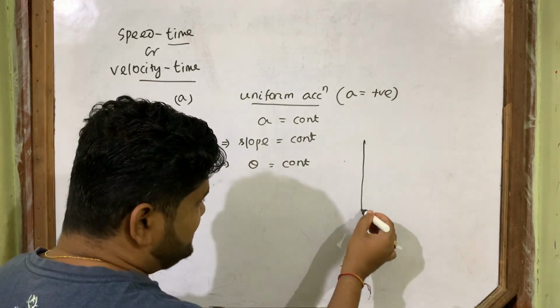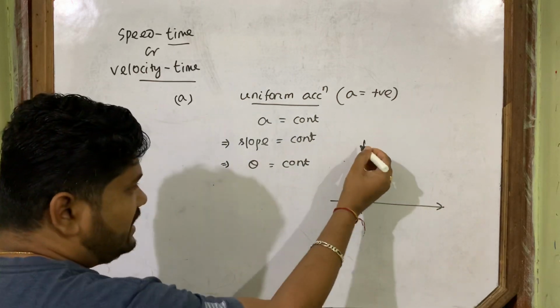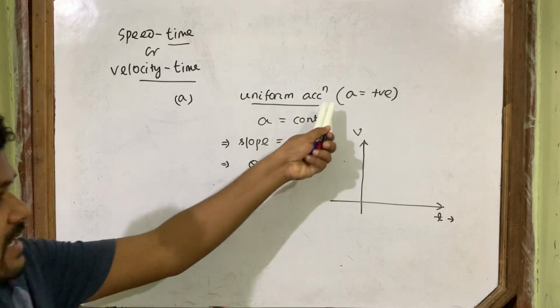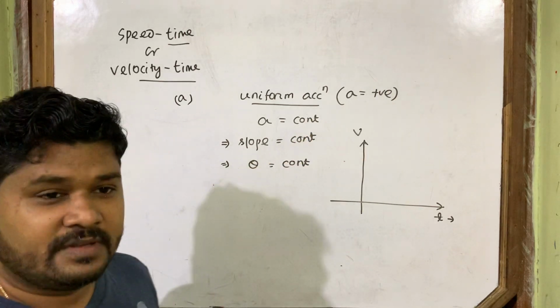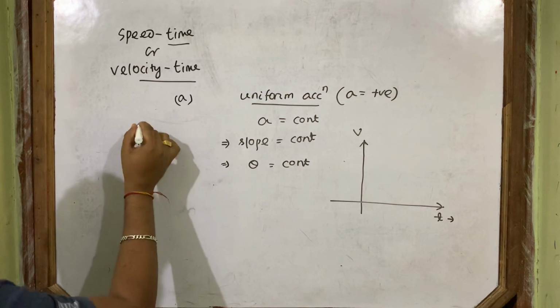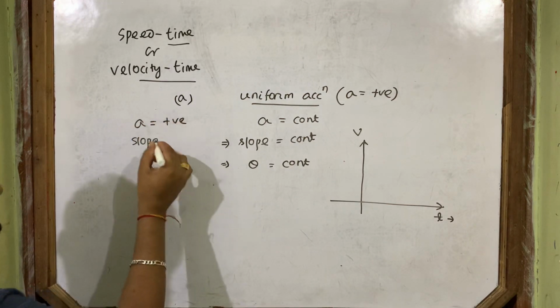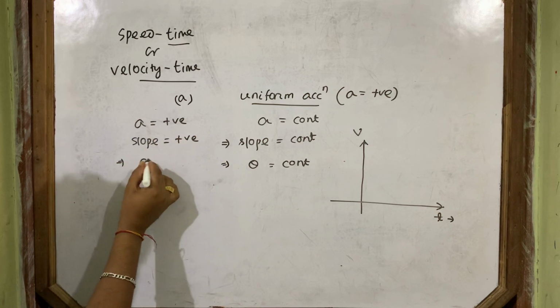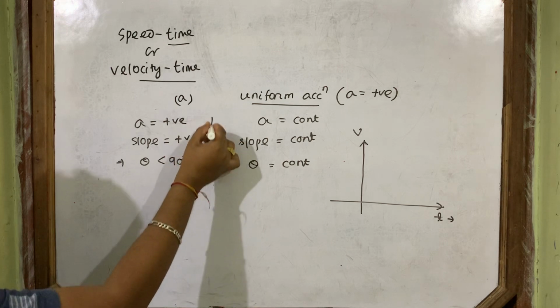And after that, another thing also here, acceleration is positive, means slope is positive. Slope positive means what is the value of theta? Must be less than 90 degrees.